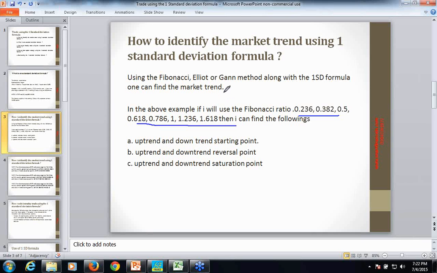So the main objective of identifying the trend, what are the things you want to identify? First, the uptrend or downtrend starting point, from where I'll get a confirmation of an uptrend or downtrend. Second, the uptrend and downtrend reversal point, at which point if the trend sets in we have a maximum probability of a reversal, meaning the trend will reverse from there.